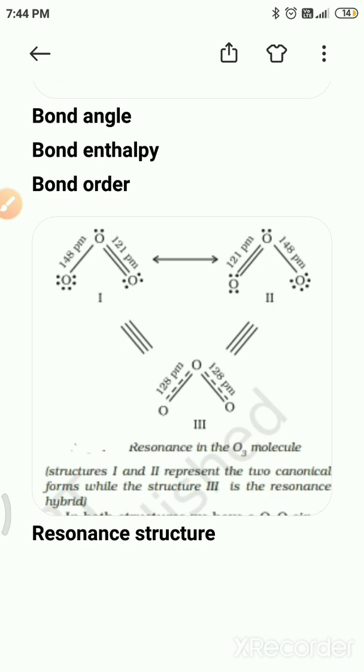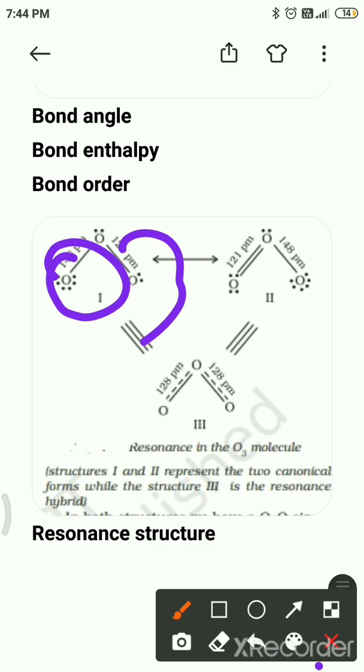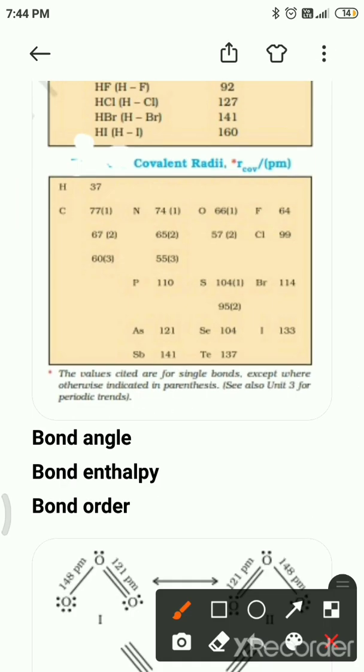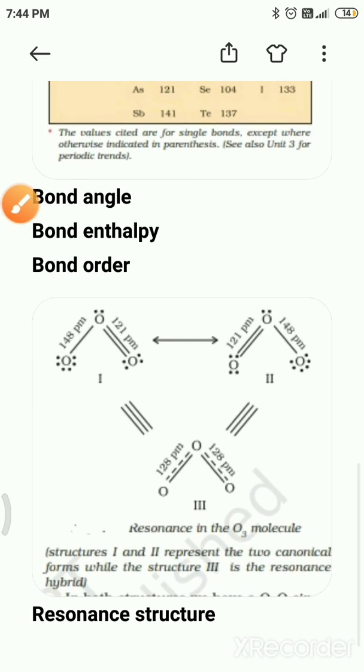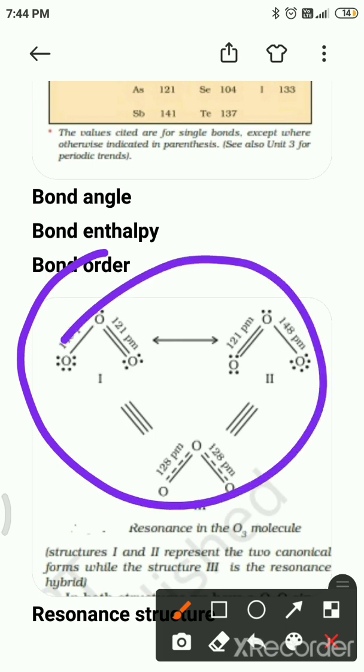For example, ozone, the O3 molecule, can be equally represented by these structures. This is the resonance structure of the O3 molecule.